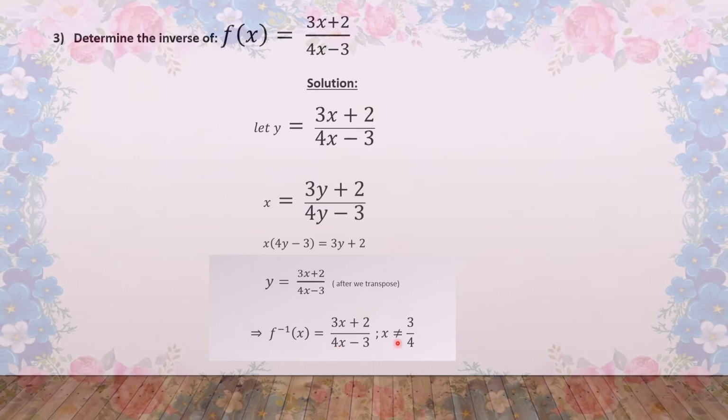So to make life easier, we simply put x is not equal to 3/4. And this leads to success. So follow these 4 simple steps and you will get it right each and every time.